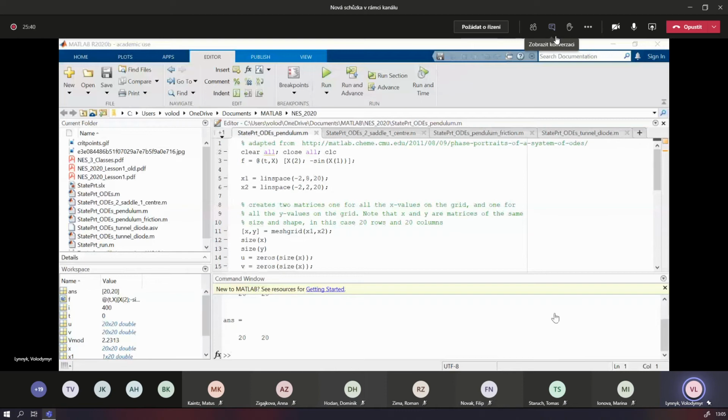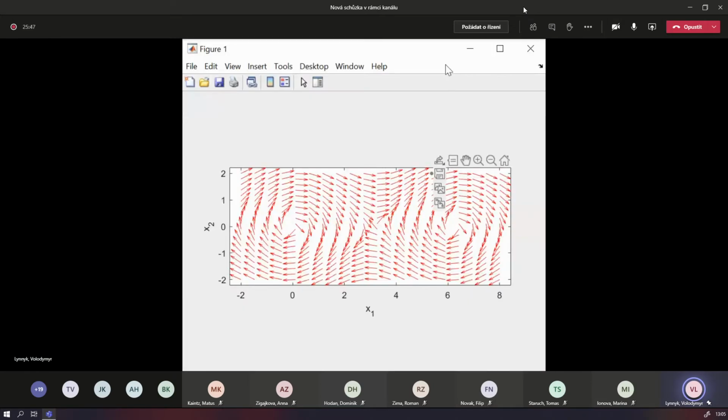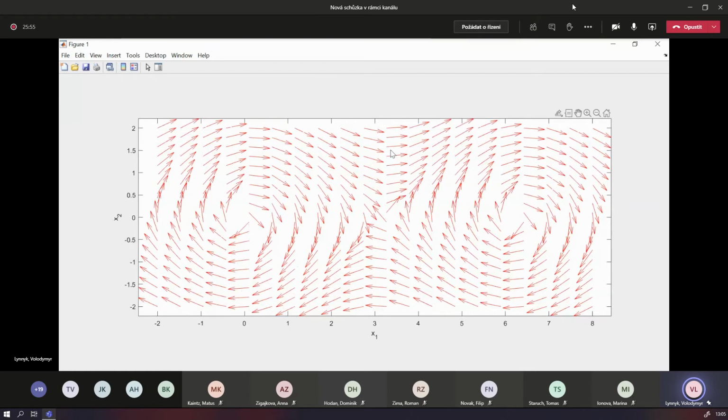I think this is a problem with Teams. I always need to choose this figure because it's in another window. There is that option, you can share the screens or the windows. But now you see this figure?